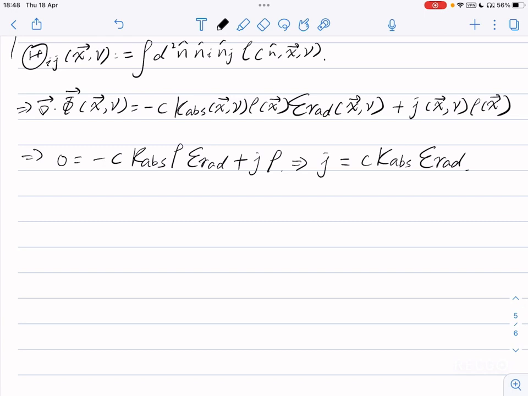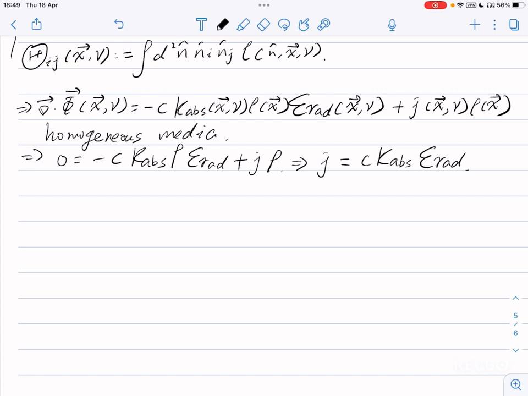This is for a homogeneous medium. We can also consider this condition valid at a given position x in a real star.